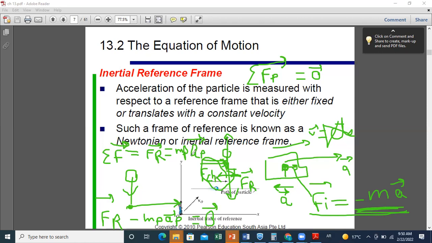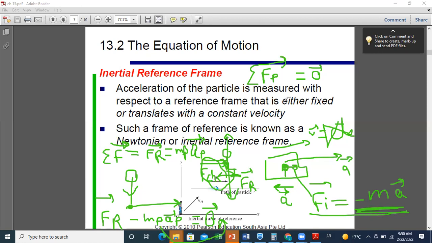In this case, nothing will change, because if you take this term to the other side, you will get exactly the same result. So the idea is, whatever the frame you are working in, inertial or non-inertial, you will get the same result.